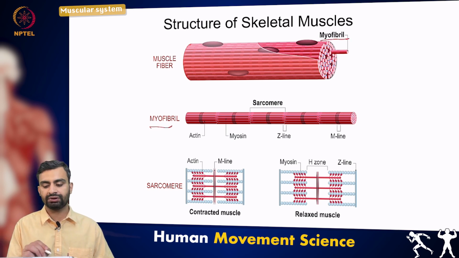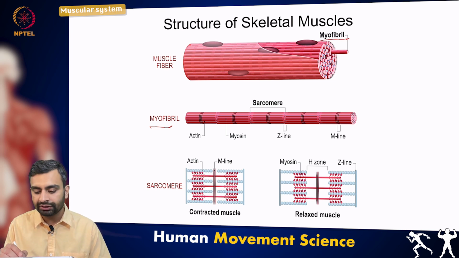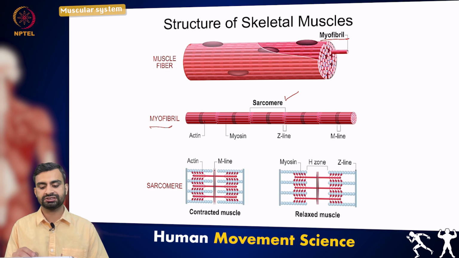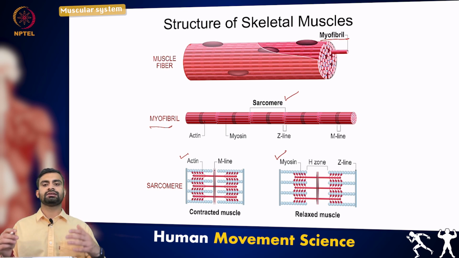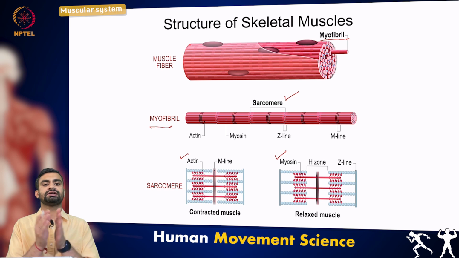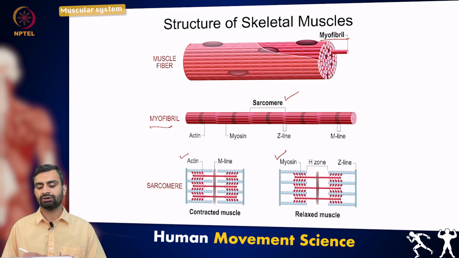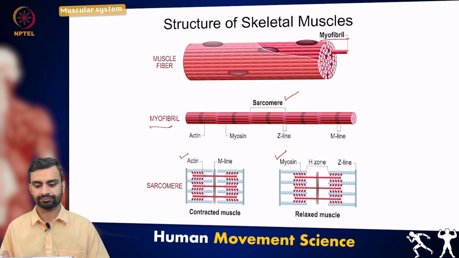The myofibril is the basic element which contains the repetitive unit known as the sarcomere, which is nothing but a combination of actin and myosin filaments. During contraction, the overlap between actin and myosin is more, during relaxation it is at a nominal position, and during extension there will be less overlap between actin and myosin filaments.